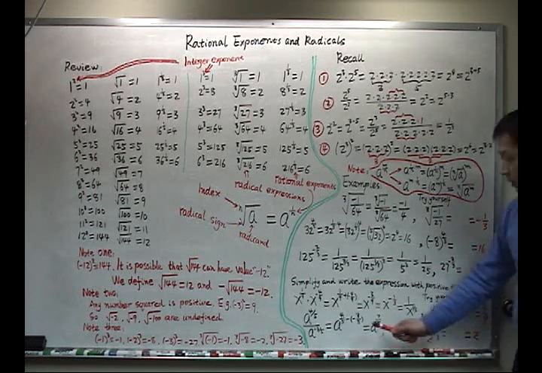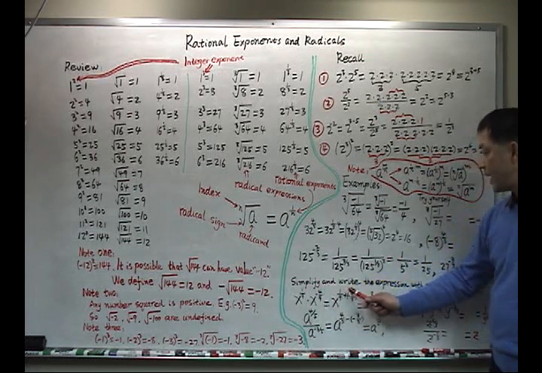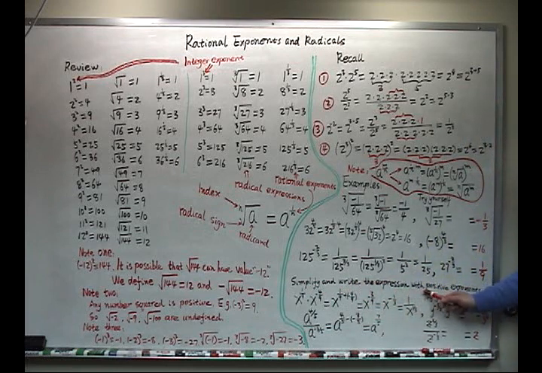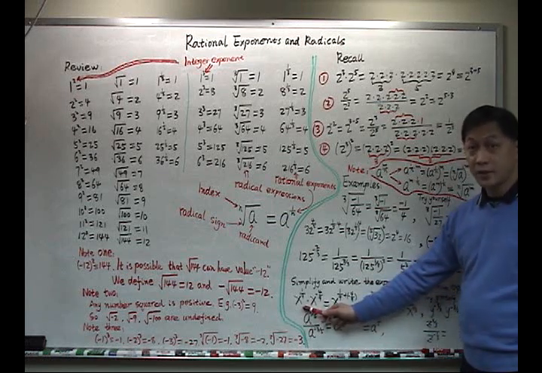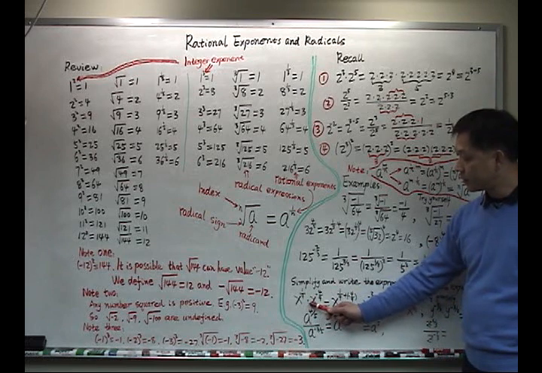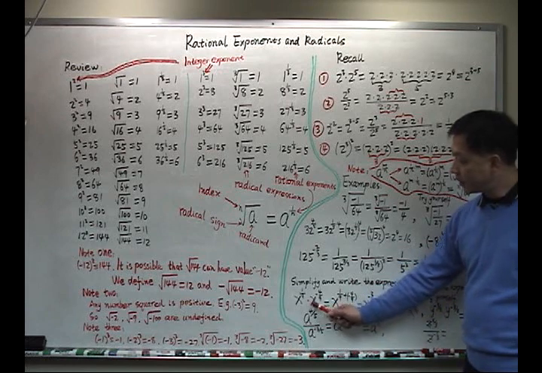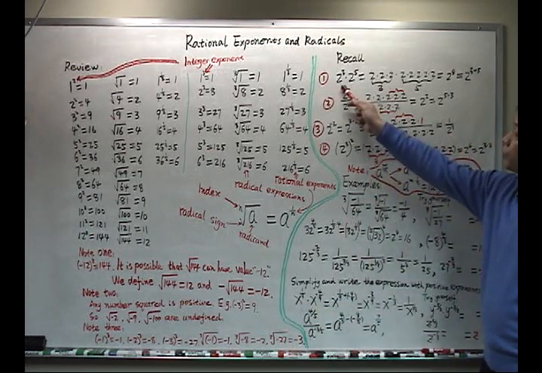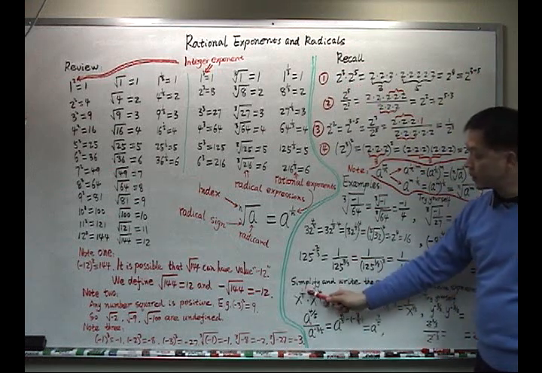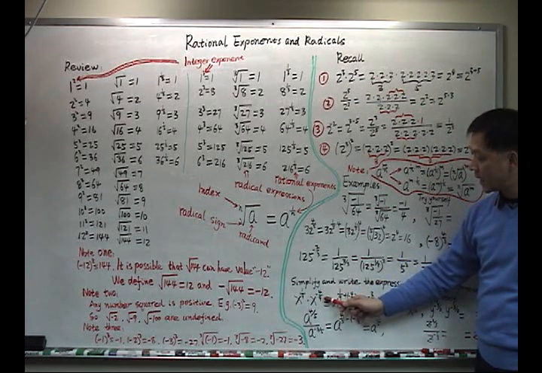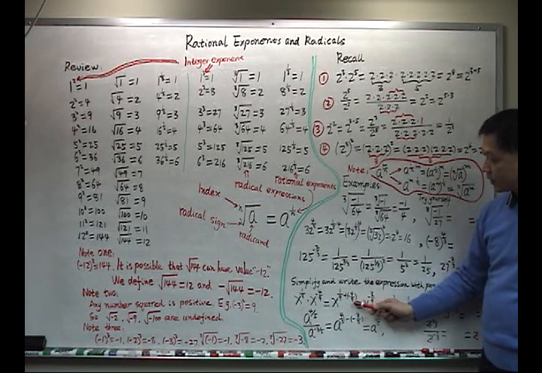Now, 2 more examples right here. This one says simplify and write the expression with positive exponents. The first example says x to the 1/9 times x to the negative 4/9. Here is multiplication. Based on this rule, we should add the 2 exponents. So here we add 1/9 and negative 4/9.